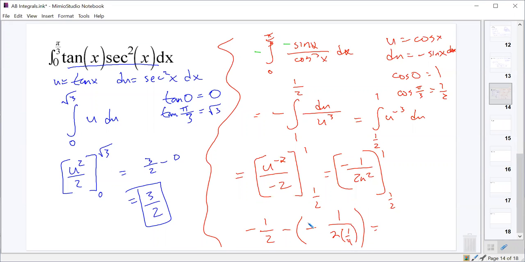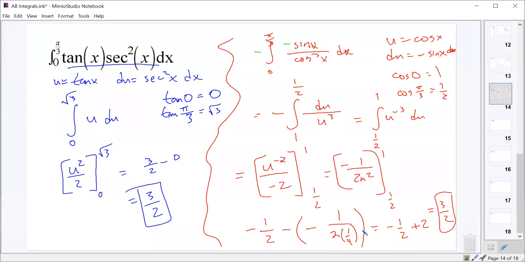That gives us -1/2 plus 2, which would be 3/2, right? 2 times 1/4 is 1/2, and 1 divided by 1/2 is 2. So it looks like we get the exact same answer, wouldn't we? Yeah, that's kind of cool, huh?